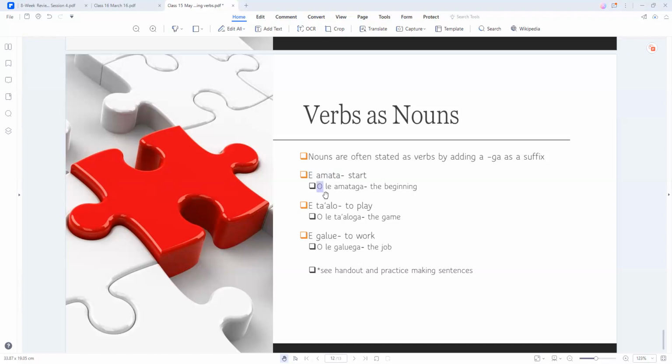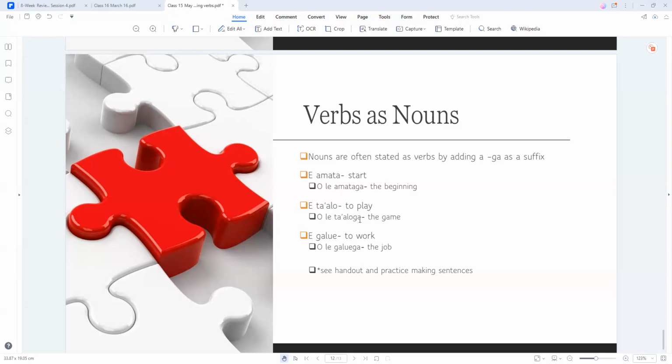So ole amatanga, the beginning. Same with ta'alo. Ta'alo is to play. If you want to say the game, and you're like, wow, that word looks familiar, it just has a nga on the end. Put a nga on the end, it means game.